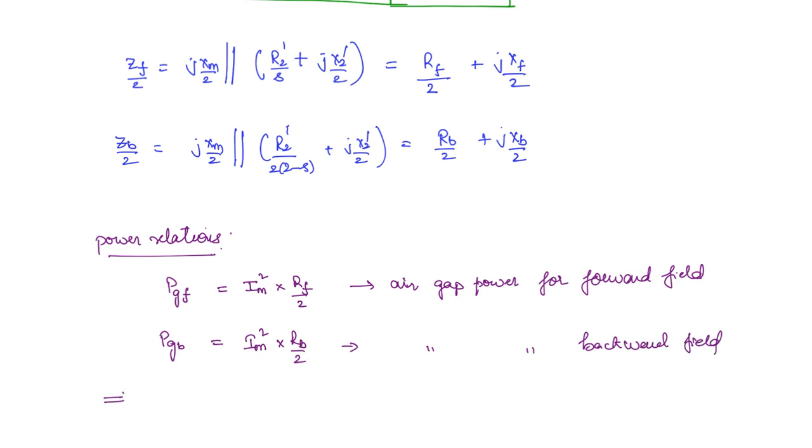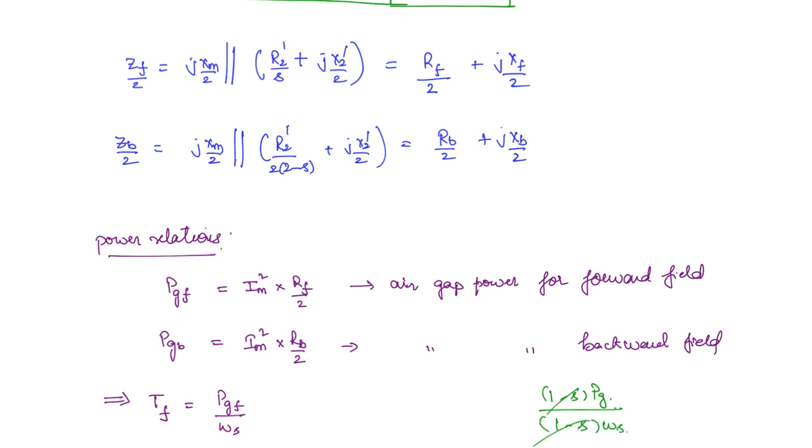So from here you can write the torque expressions as well. What will be the induced torque because of the forward rotating field? This will be the air gap power divided by the synchronous speed. We have seen in the 3-phase induction motor, the induced torque is equal to the power produced, which is (1 minus s) times the air gap power, divided by the actual speed, which is (1 minus s) times the synchronous speed.